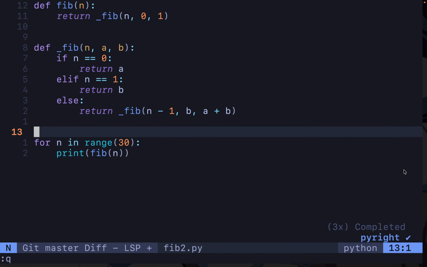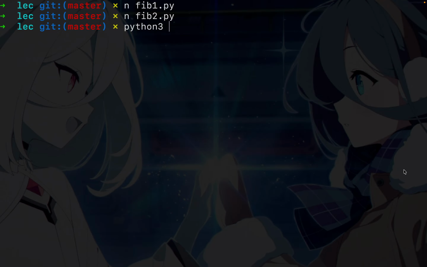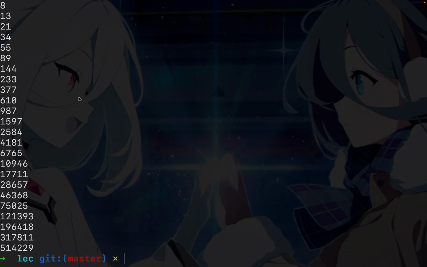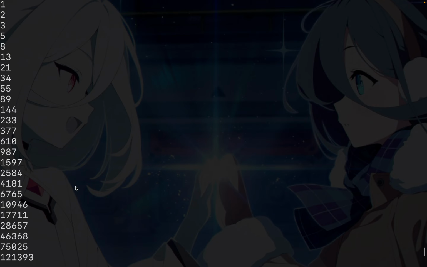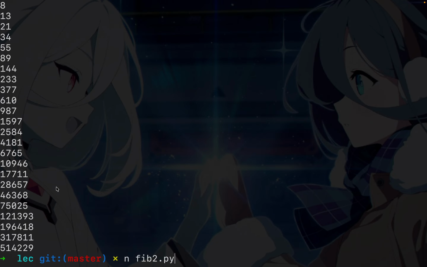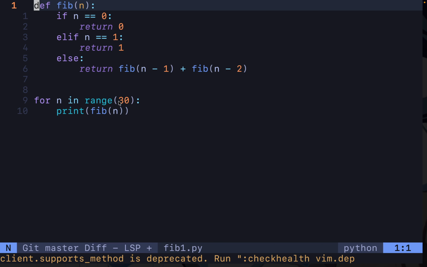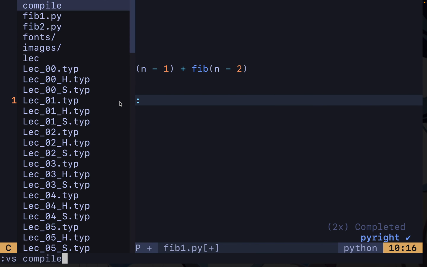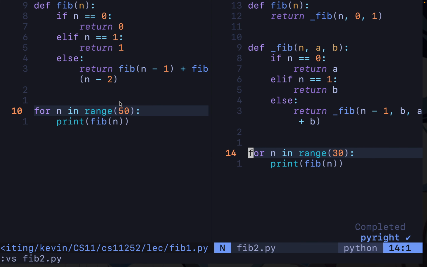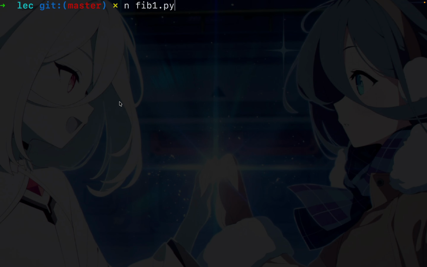What should happen is if I run fib1.py, it should give me the first several Fibonacci numbers. So let's try to print out more of these numbers. Let's say 50 and 50. Okay, so if we try to run each of these now, let's see what happens.